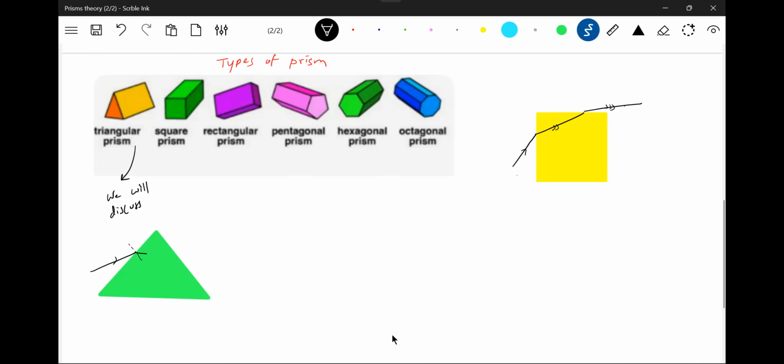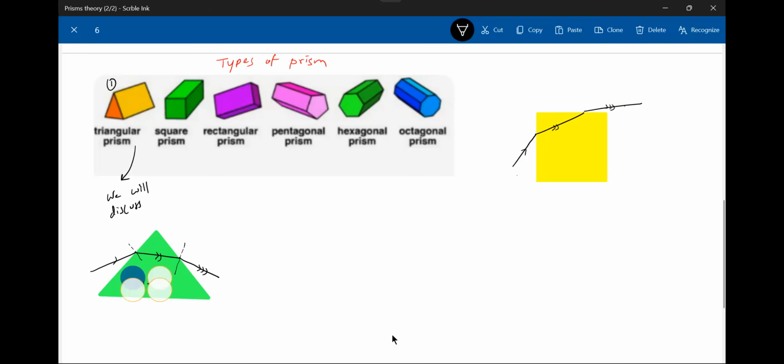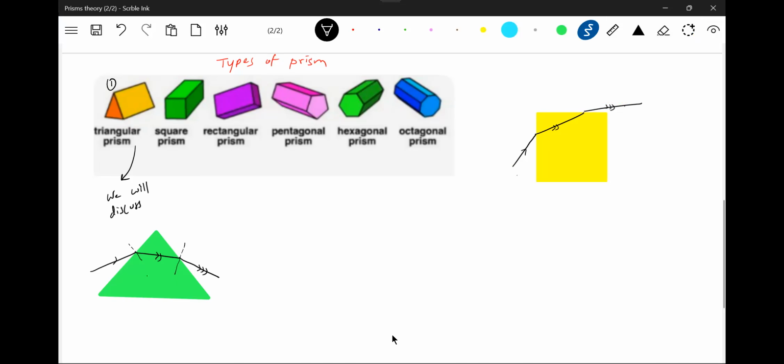So it will undergo refraction, moves from rarer to denser, will bend towards the normal. This dotted line is the normal. So it will emerge out. So what this triangular prism does, it will change the direction of path.